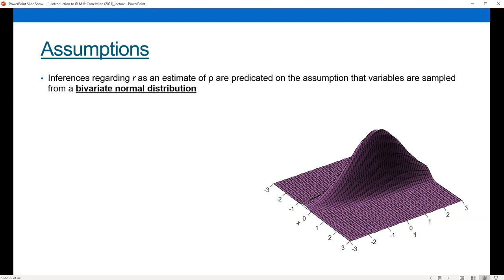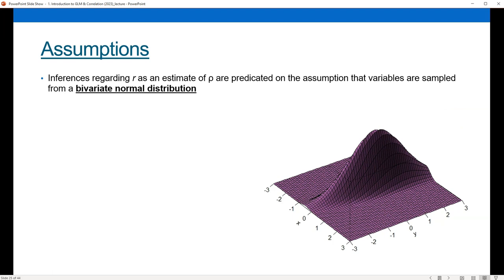And if we plot this in three-dimensional space, we get kind of a grid or a mesh that might look something like this, okay? Where you can see we've got this ridge that suggests a correlation of X and Y, okay? So this is what this bivariate normal distribution would look like in three-dimensional space.